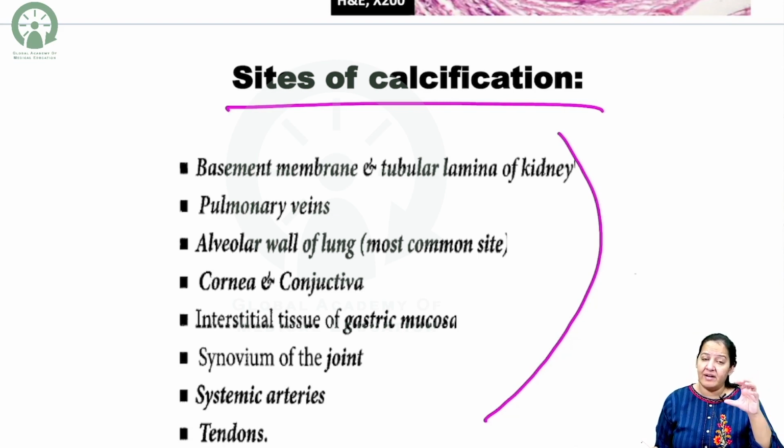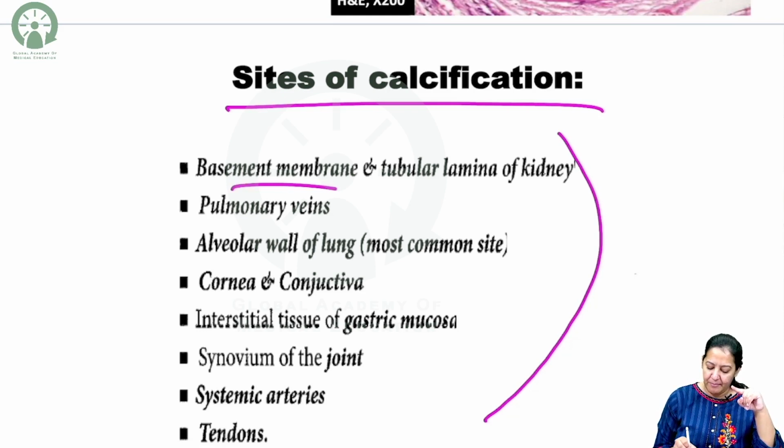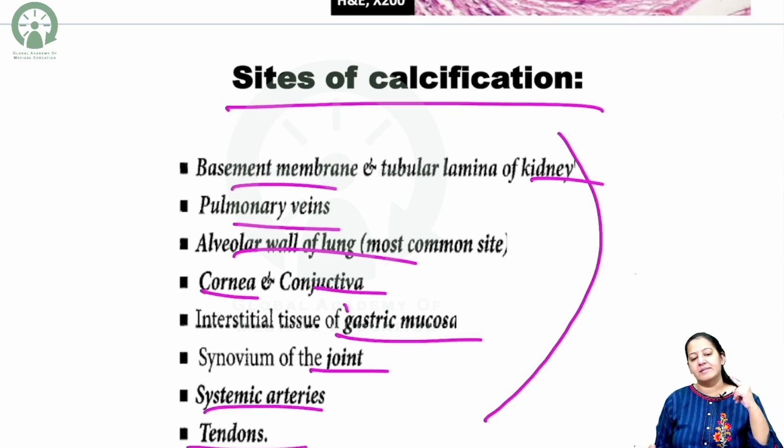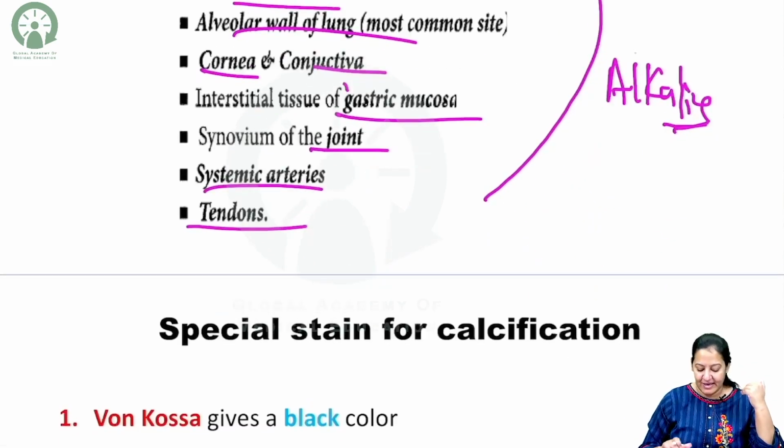The cell having an alkaline environment will attract the calcium to get deposited over it. So all these organs, that is the basement membrane and tubular lamina of the kidney, pulmonary veins, lung, cornea and conjunctiva of the eye, gastric mucosa, synovium of the joint, systemic arteries, tendons, these all have an alkaline environment in them. That's why they are prone to metastatic calcification.